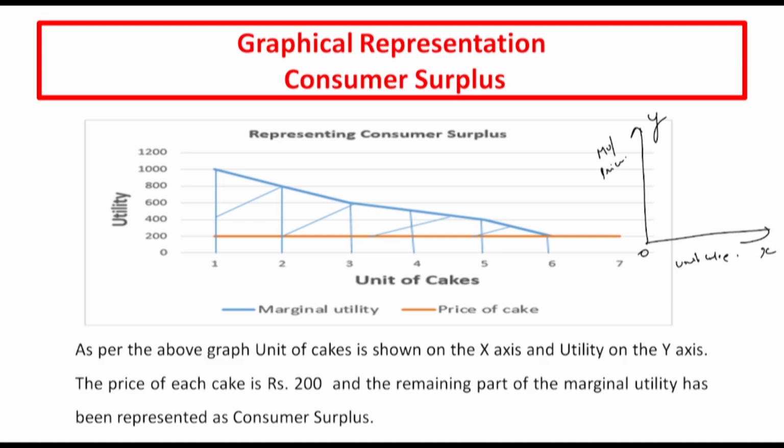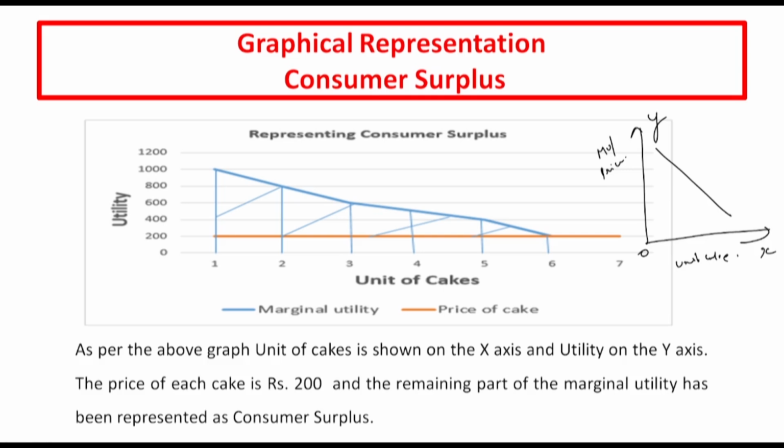And the demand curve is sloping downward from left to right, because as you consume more commodity, definitely your utility is going to be reduced. So your demand curve is going to move from left towards the right.